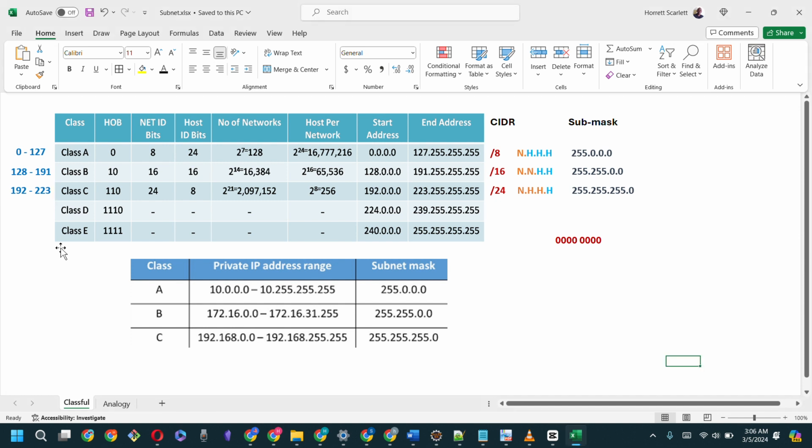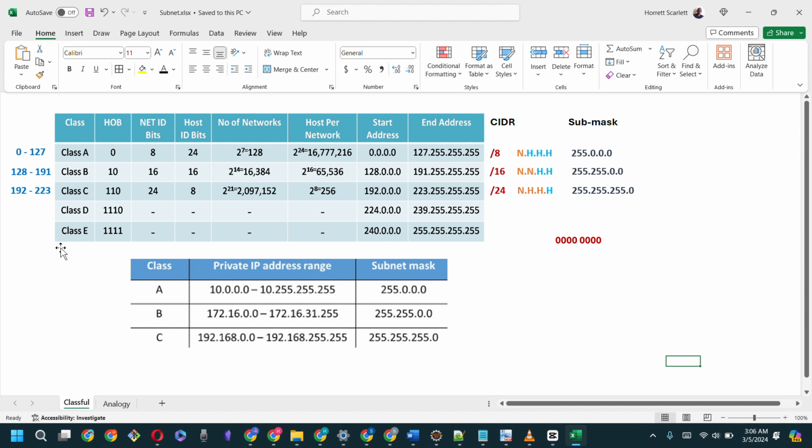Now you might be asking yourself, how do we come up with these ranges? There's some method to the madness. And by the way, we are only focusing on class A to C because those are the ones that are going to be usable.